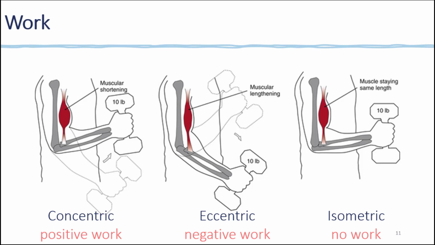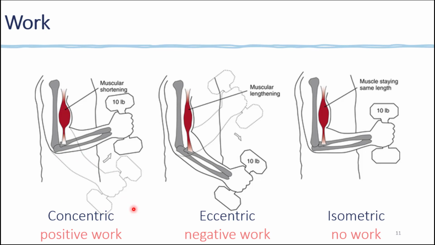The muscles shorten and the muscle contraction is called a concentric contraction. So that's this first example here. The muscles are shortening, the force and the direction of motion are the same, so we have positive work when we're talking about a concentric contraction.